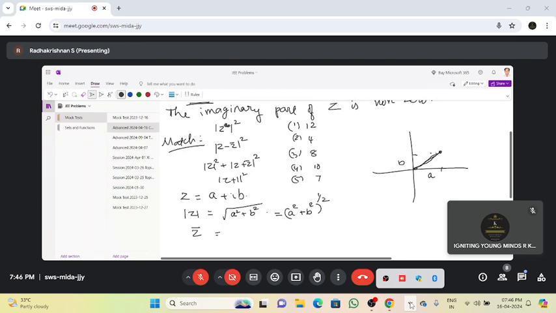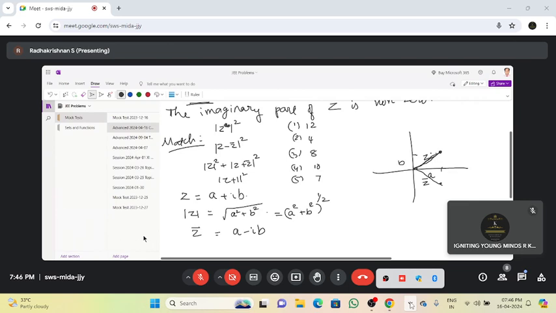A minus IB. Very good. So Z conjugate is the mirror image of this number A plus IB. Suppose this is Z, this is your Z conjugate, A minus IB. The imaginary part is minus B.